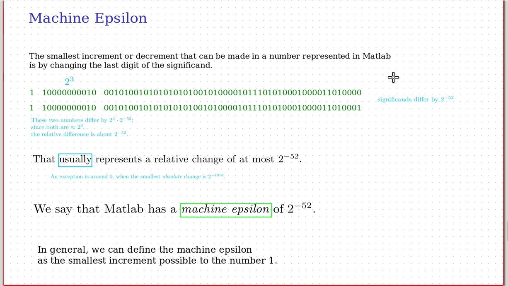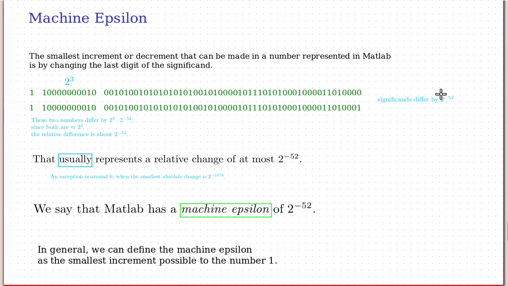What you could say is that the second number is about 2 to the negative 52 larger than the first number in relative terms. The second number is this fraction of the first number added to it again to get the second number.